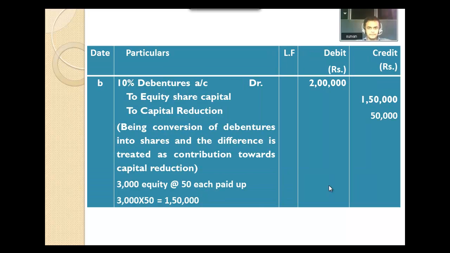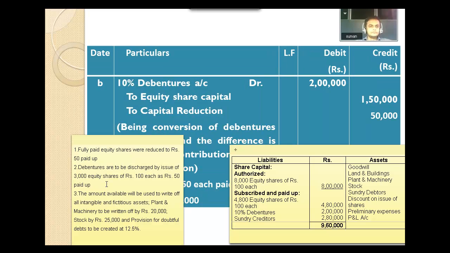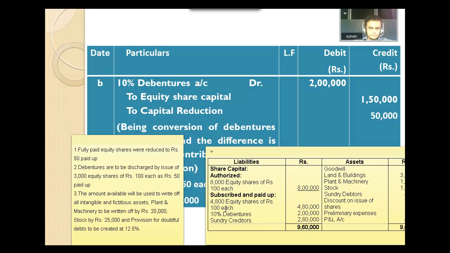Now our second adjustment is that debentures are to be discharged by issue of 3,000 equity shares of 100 each as rupees 50 paid up. In the balance sheet, the 10% debentures are given as 2 lakhs rupees. To pay this 2 lakhs, we have to issue 3,000 equity shares of 100 each as rupees 50 paid up.